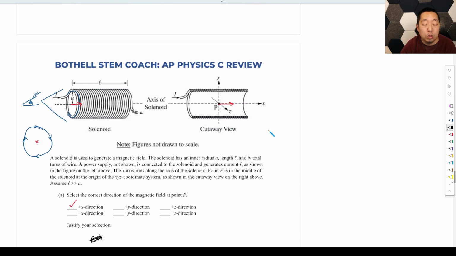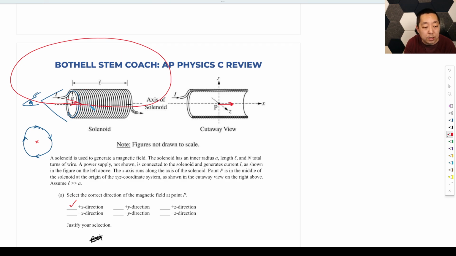Because this is so long, we assume that even though the magnetic field moves in a loop, it's going to move in a loop like this. In here, we assume it's pretty much just a straight line. There's a couple of assumptions we make on a solenoid.